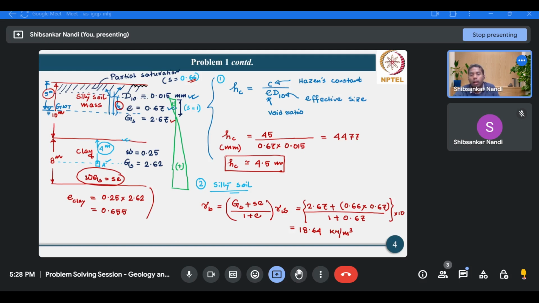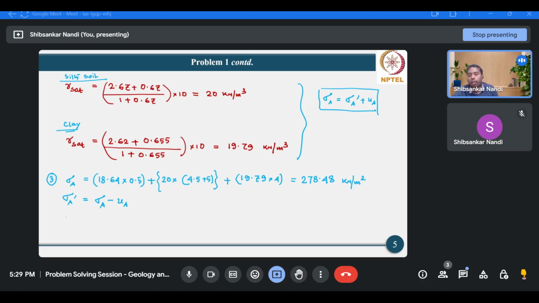Therefore, at this location, the pore water pressure will be gamma W into Z, and Z is measured from here. Now what is the Z value? The Z value is 5 meter plus 4 meter, that is 9 meter.